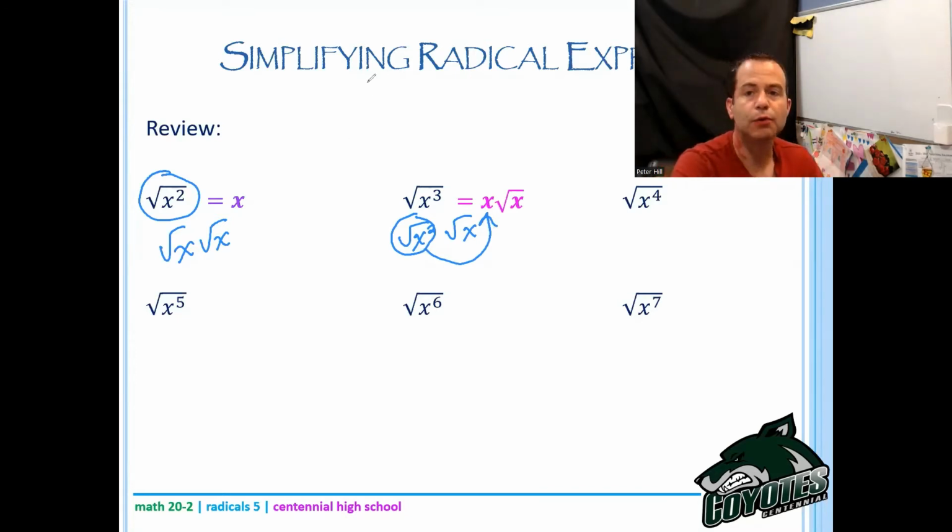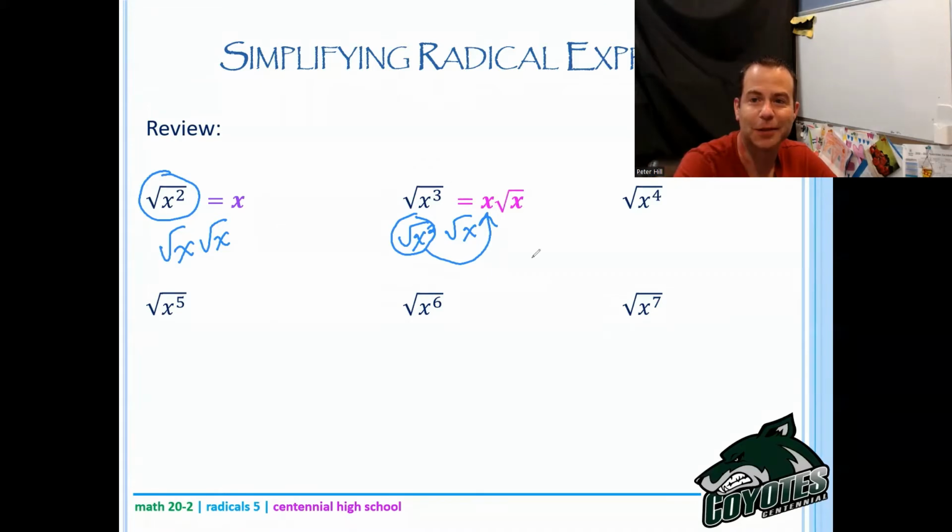So the root of x to the 4, isn't that x squared times x squared? So isn't that like x times x, because the root of x squared is x? Then x times x is x squared. Just in case, I want to make sure you're following what I'm saying.